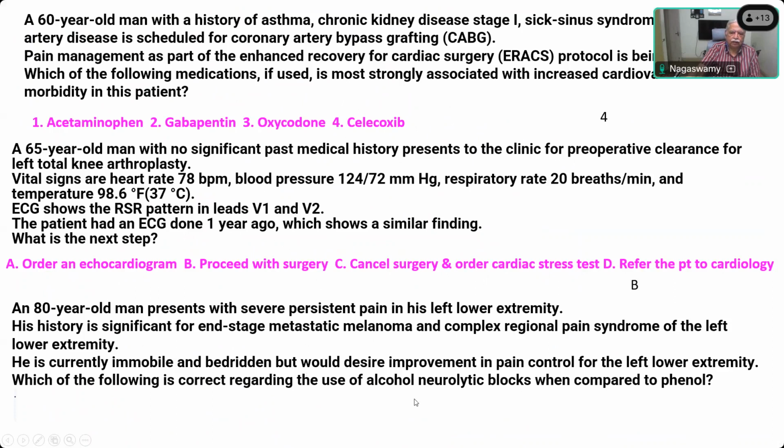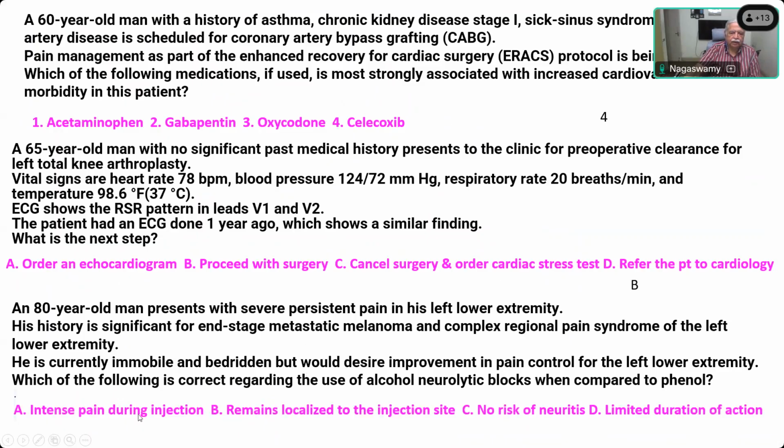Which of the following is correct regarding the use of alcohol neurolytic blocks when compared to phenol? The options are: the intense pain during injection remains localized to the injection site, no risk of neuritis, limited duration of action. We discussed this comparison between alcohol and phenol in the last class about neurolytic blocks.